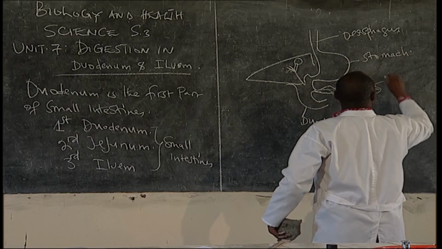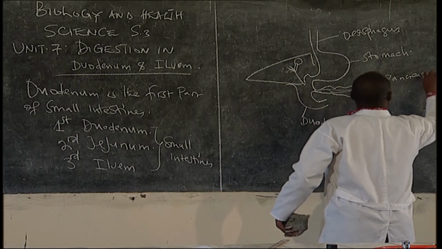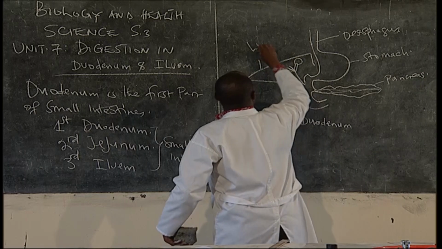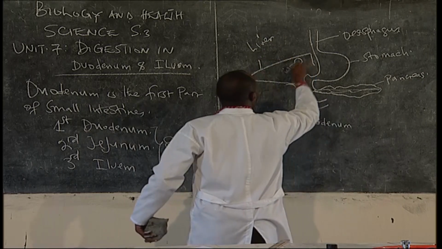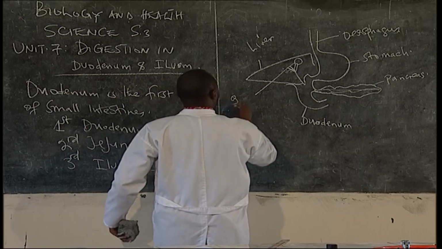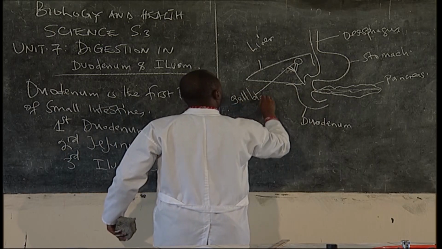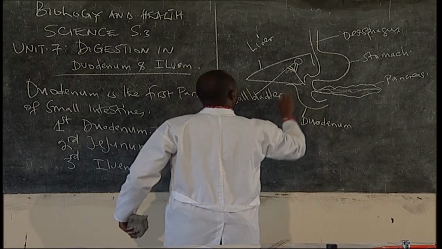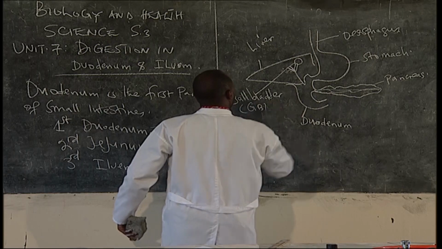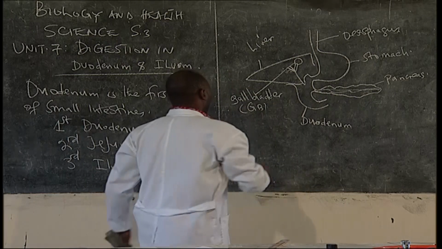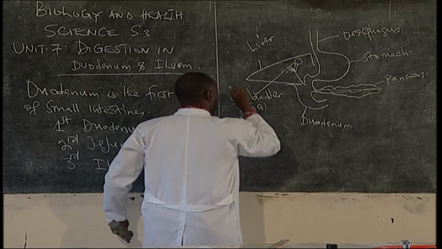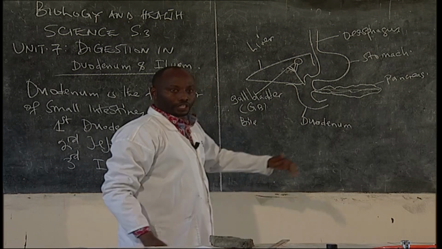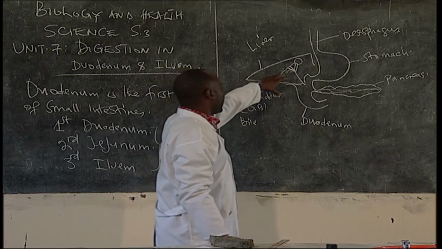This is the pancreas. This is the liver. And this one is the gallbladder, or in brackets you can say GB. The gallbladder produces what you call bile. This is a small diagram that tries to show this.